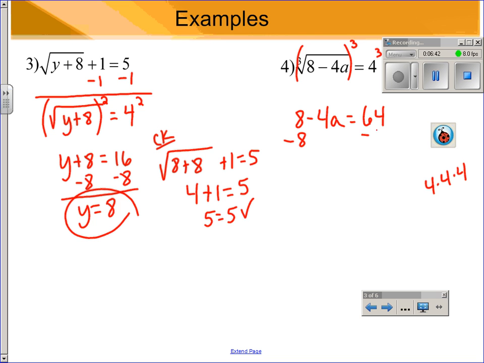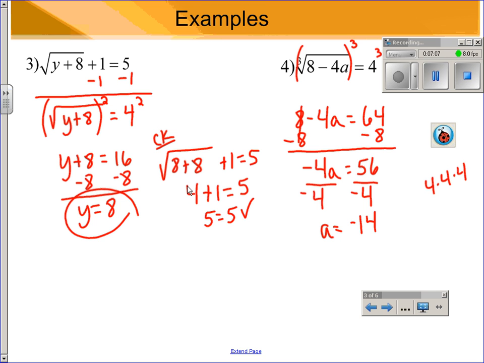Subtract 8. We're left with negative 4a equals 64 minus 8, which is what? 56. Divide by negative 4. And a equals what? If you don't know, do it on your calculator. Should be negative 14.